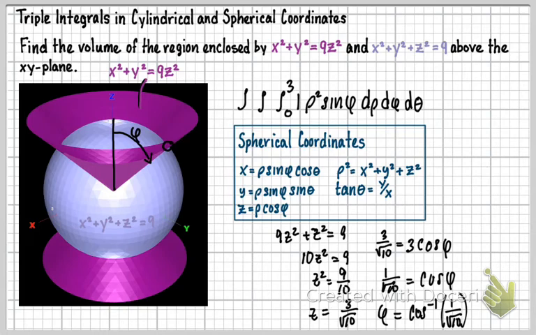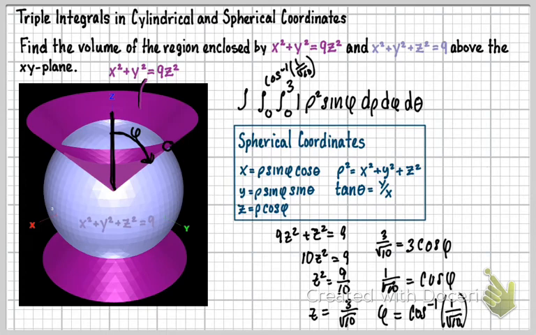So we just leave it as cosine inverse of 1 over square root of 10. So when I look at phi all together, remember it starts from the positive z, and it goes downward until cosine inverse of 1 over root 10. So it's going from 0 to cosine inverse of 1 over square root of 10. And your calculator is fine with that computation, so don't worry.